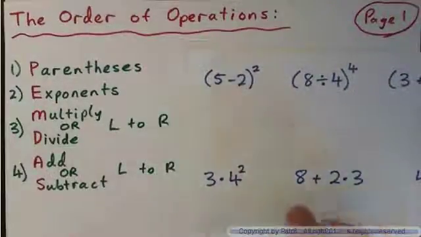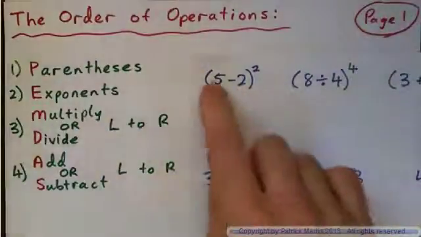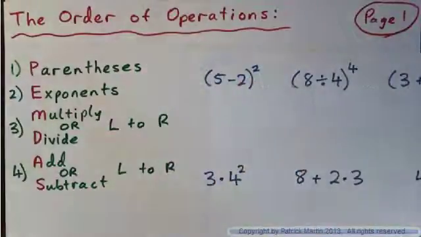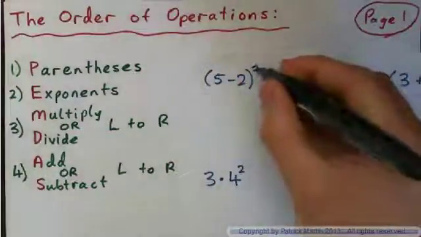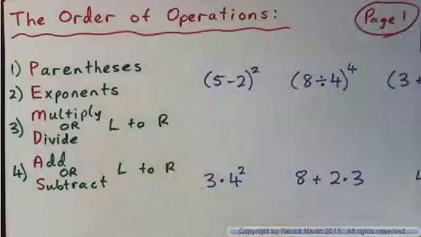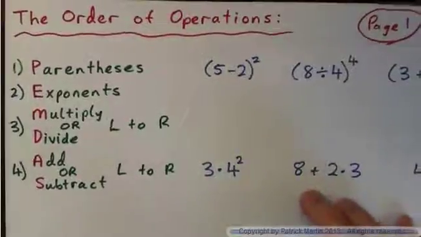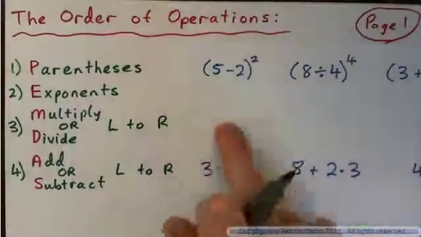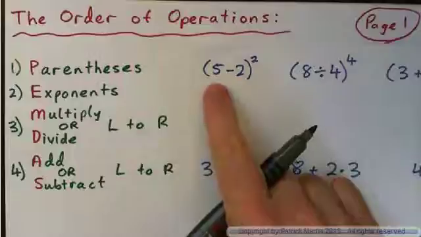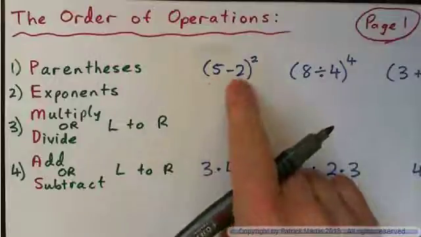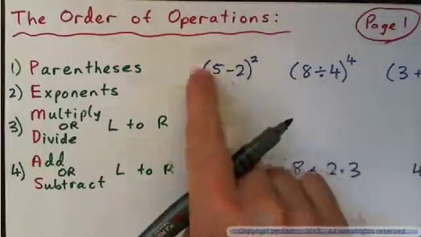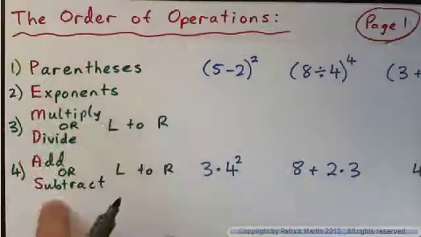So let's start, just write this first one down, 5 minus 2 in parentheses, and then there's an exponent of 2 on that. It's squared, right? So we've got to do parentheses first when we calculate this expression. Now that means you figure out whatever's inside the parentheses and then you do the next operations.